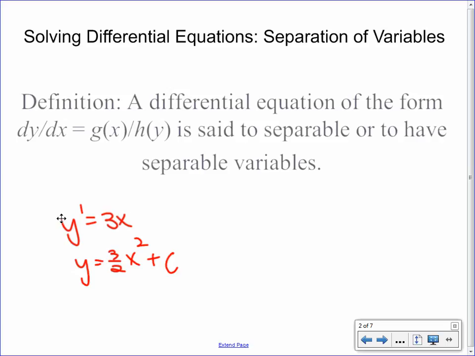Now, when they are not basic, like the one I wrote up here, they are not separable, then that's when we only really have the slope fields. Okay?